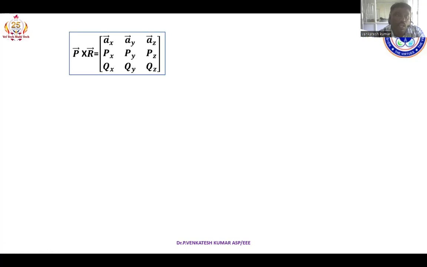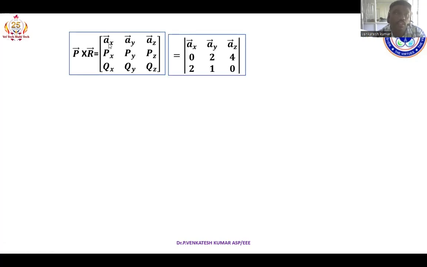Okay, this is our seventh subdivision, and the next subdivision is the cross product. The cross product, ax vector, that is our original directional moment. With respect to the P vector, the magnitudes go in the next row, and with respect to the R vector in the next row. First we fill in the unit vectors ax, ay, az, then the px, py, pz magnitudes and the qx, qy, qz magnitudes substituted here.